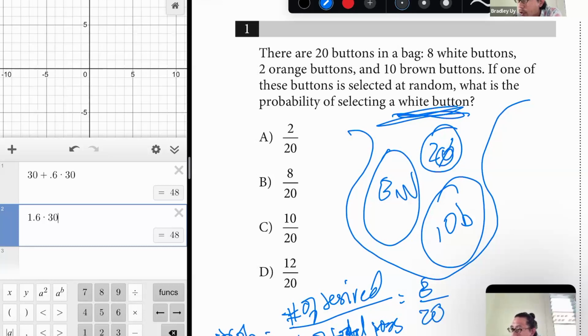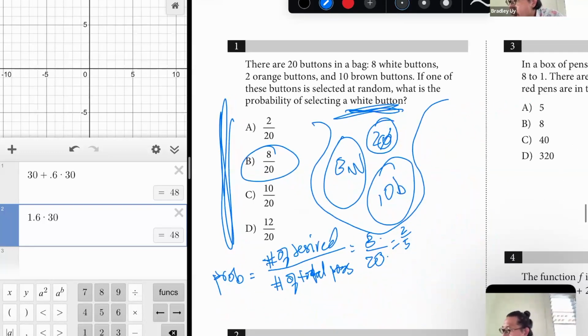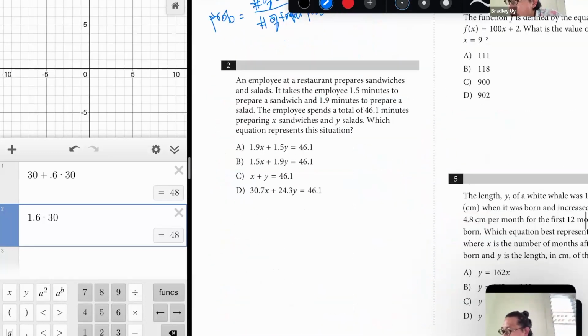So the right answer is 8 over 20, which is B. Notice they don't need to simplify it, and that's very kind of them. They could have made these answers not out of 20. We would have maybe needed to reduce this, divide top and bottom by 4, so we'd have 2 out of 5, which is 40%. It could have also been a decimal too, but that's how we do that question.